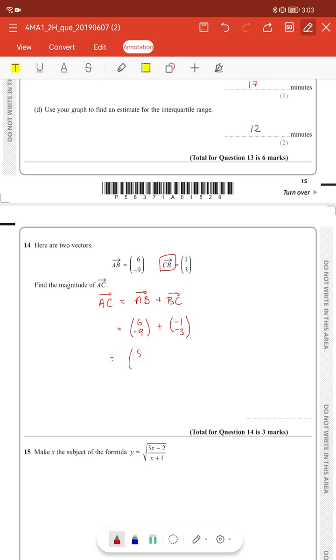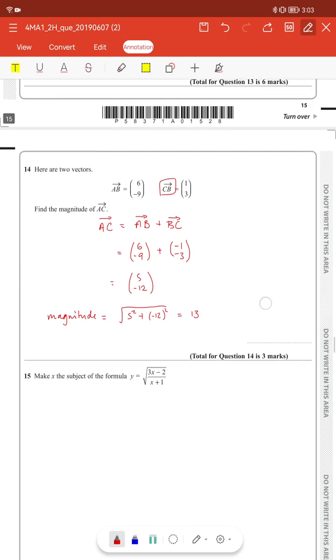And that would give us 5, minus 12, and the magnitude would be the square root of 5 squared plus minus 12 squared, which would just give us 13.